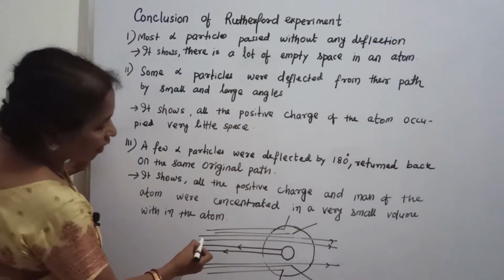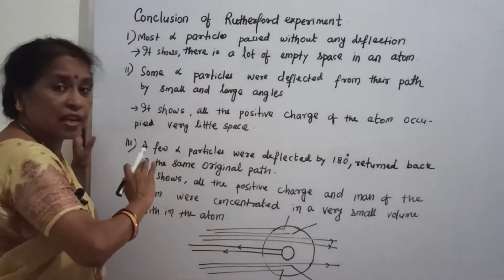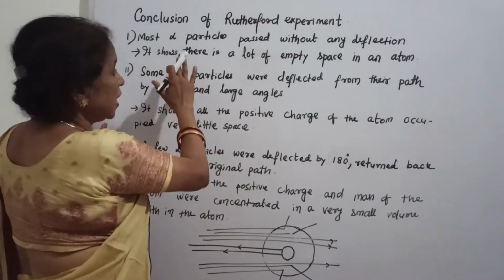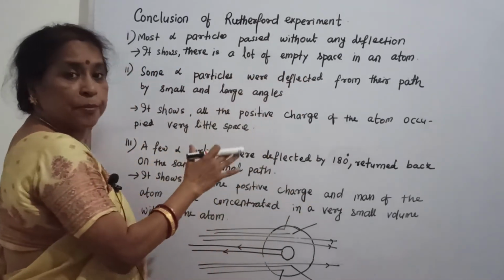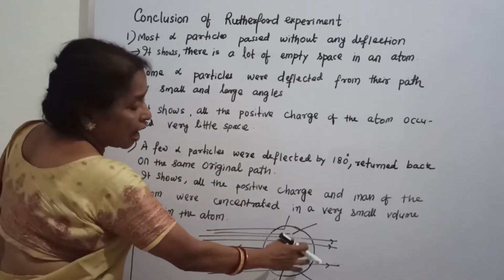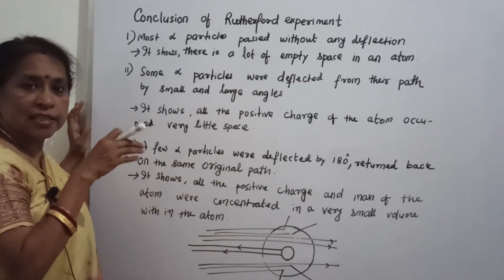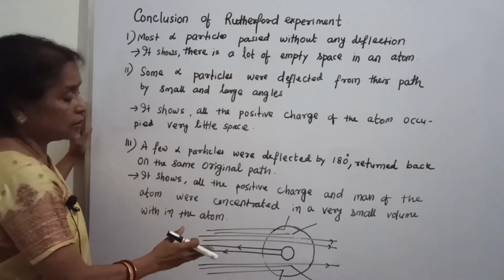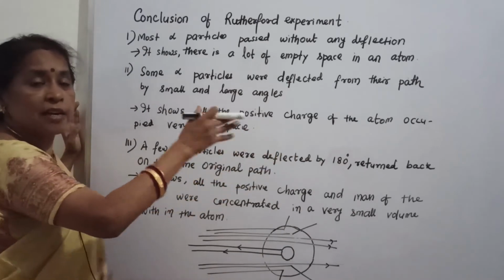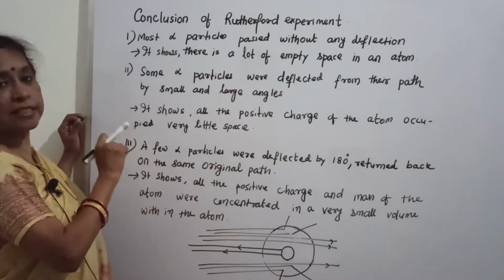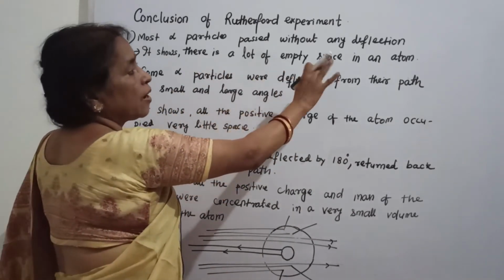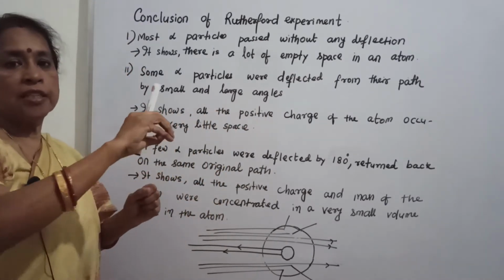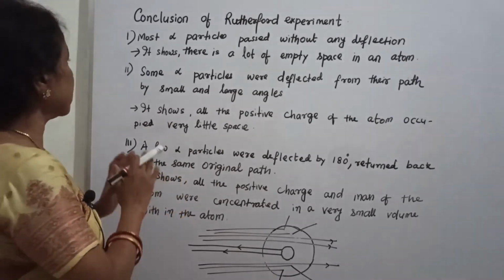What does it show? It shows there is a lot of empty space in the atom, since most particles pass in a straight line.